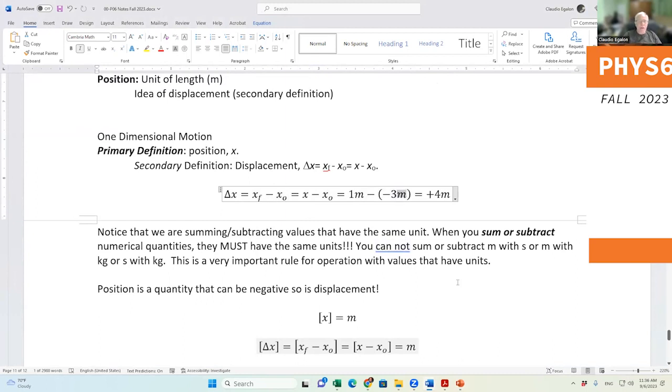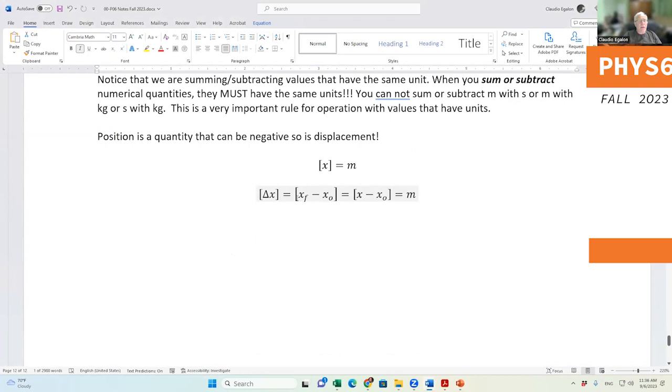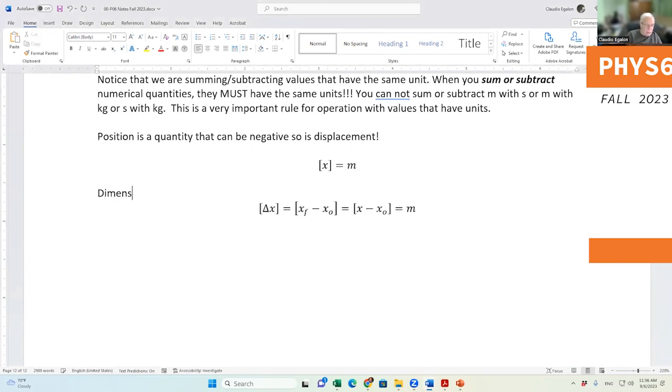What we cannot do is subtract or sum different types of units. And what's going to be the unit of delta x? It's going to be the unit of XF minus x naught, which coincides with the unit of position. This is called dimensional analysis.